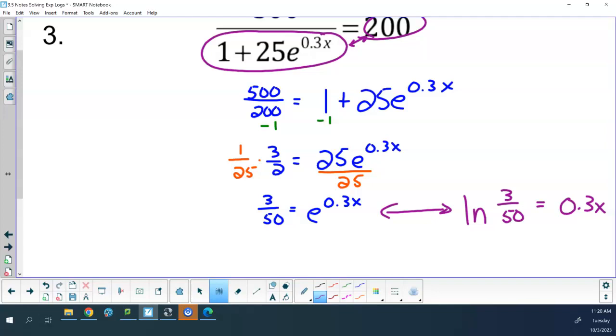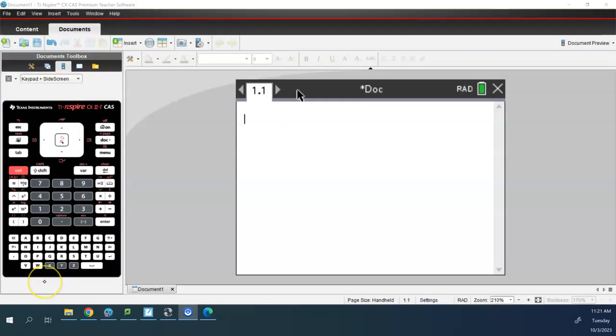This one too. Both calculators that I grabbed are warming up. Alright? So we want the natural log of 3 divided by 50. That's going to give me that. And then what do we got to do with that? Divided by what?